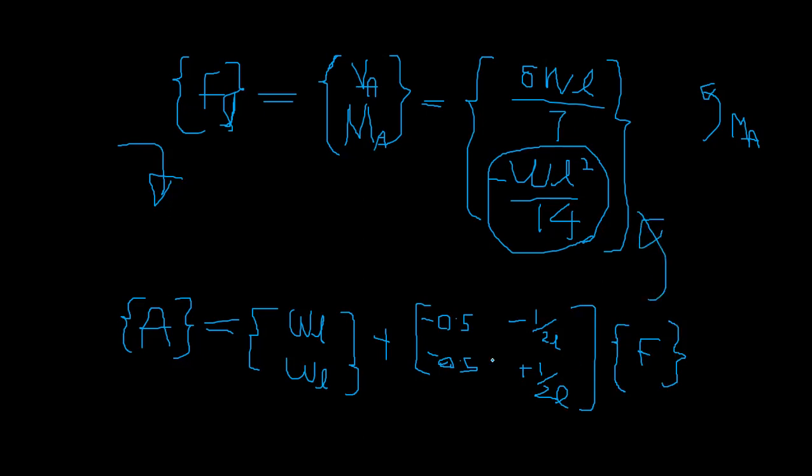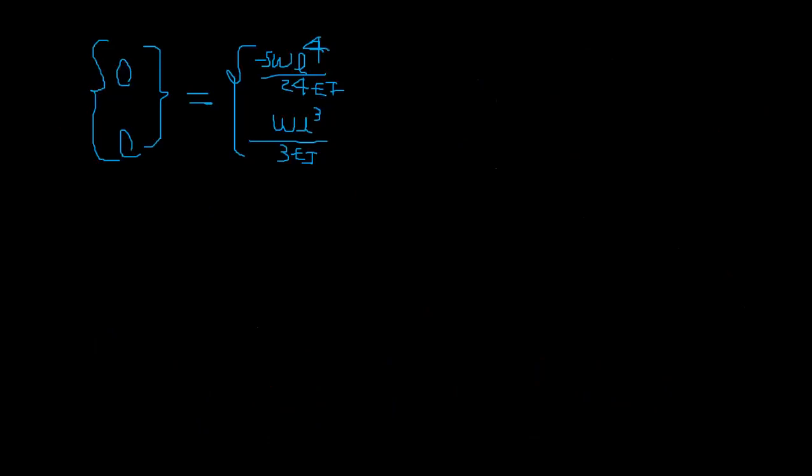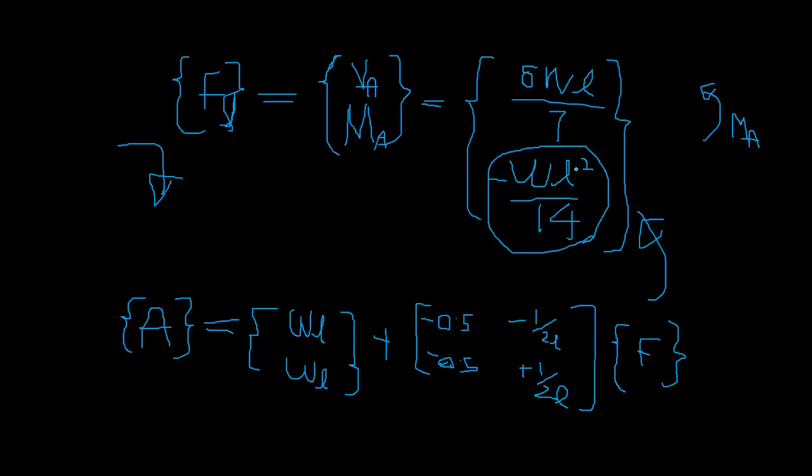So we shall go ahead and multiply this one. WL, so we can go here, separate WL out from that first matrix.